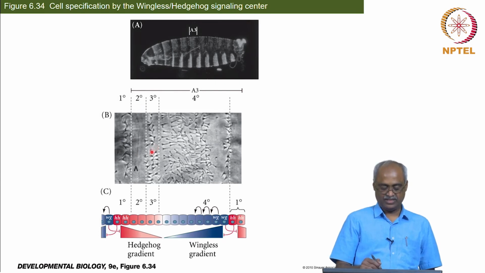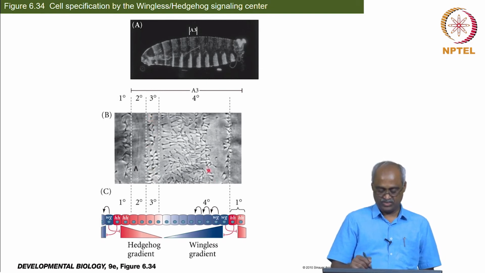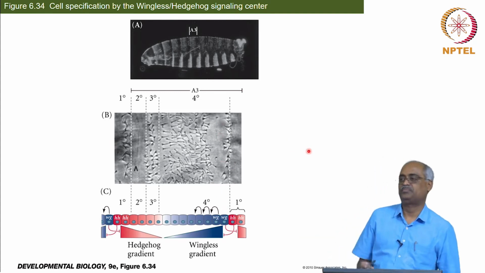The next one, tertiary fate, makes thick hair-like projections, and the other ones, quaternary fate, make fine hairs. And again you go to the wingless region, and it goes on repeating.